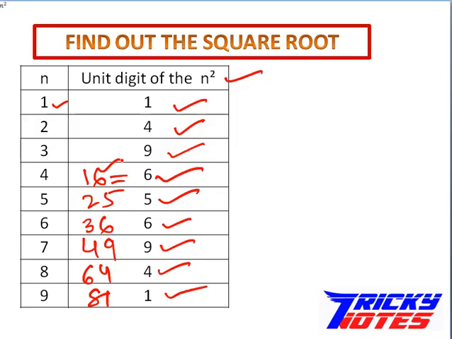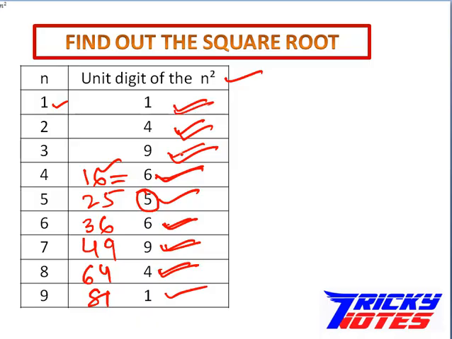So friends, you need to remember this, and to remember this we have a nice trick. See, the unit digit for the square of 5 is 5. Above that, for 4 the unit digit is 6. Below that, for 6 the unit digit is 6. For 3 it is 9, and again for 7 it is 9. For 2 it is 4, and again for 8 it is 4.